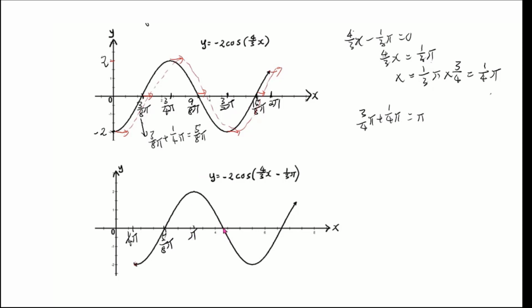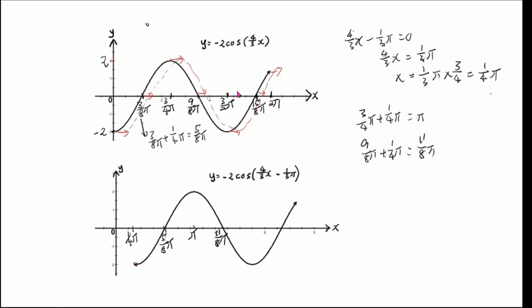Then after that, the x-intercept, before shifting, is 9 over 8 pi. After shifting, plus 1 over 4 pi, we will get 11 over 8 pi. So we label here 11 over 8 pi.